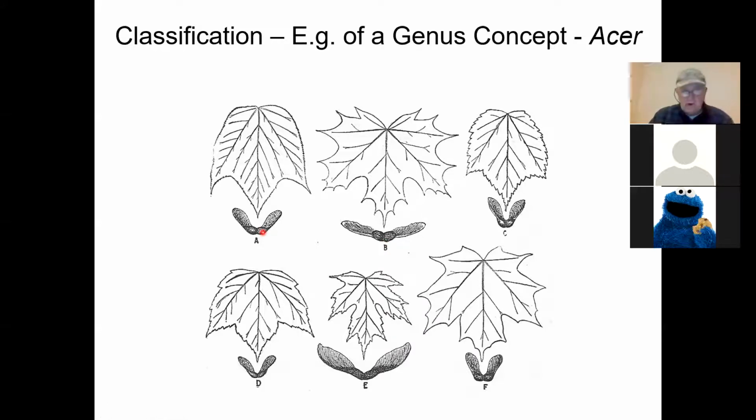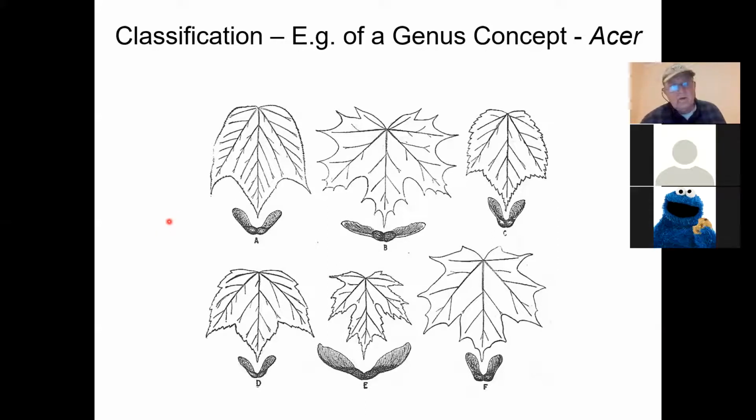But the bottom line is, in general, when you try to find what's related to what at the higher level, the reproductive feature is going to mean more. I'll give you a good example. Spanish moss, not a moss, pineapple family. If you could look at the flower and the fruit of that plant, you would realize it looks like other bromeliads, not like what it looks like, some mossy looking thing.